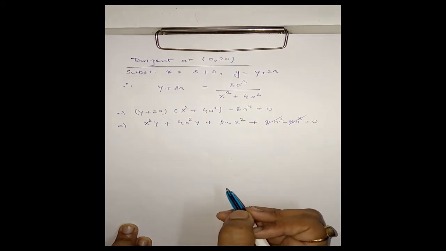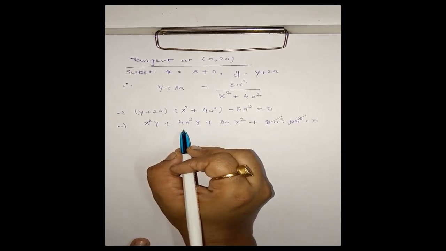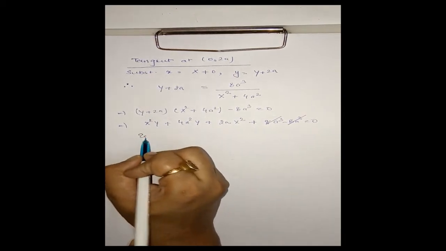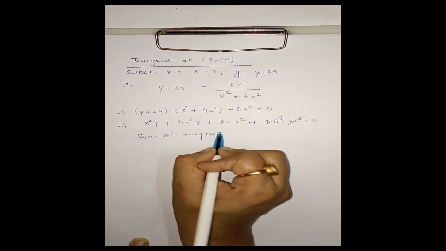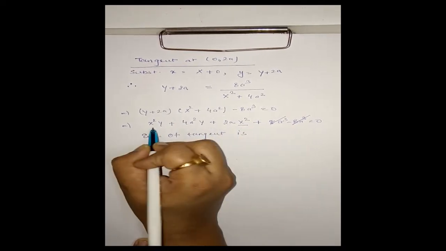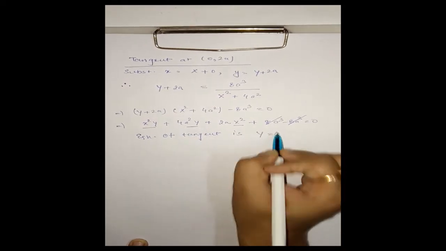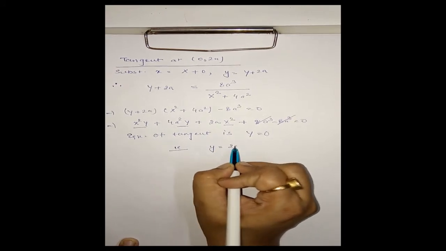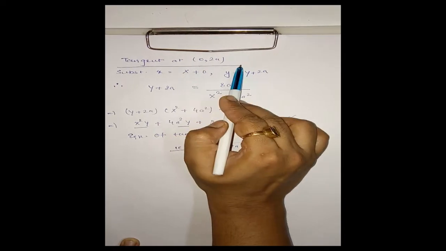Now, the equation of the tangent will be obtained by equating to 0 the lowest degree terms. This is degree 2, this is degree 3, this is degree 1. The equation of tangent will be y is equal to 2a. This is my equation of tangent at the point (0, 2a).